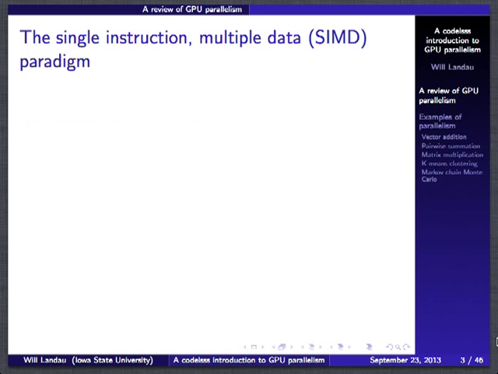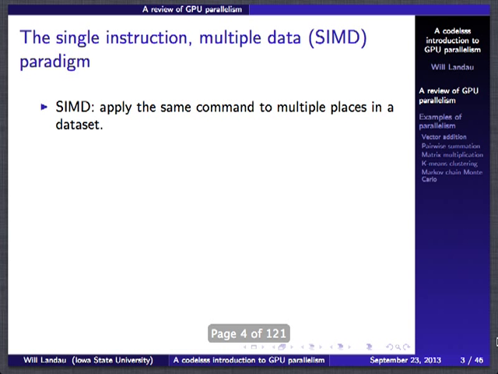All right, so just to review from last time, there's this thing called the single instruction multiple data paradigm, SIMD for short. It's essentially when in your code you're taking the same command and applying it to multiple places in the data. So it's just this one thing that you do over and over again.